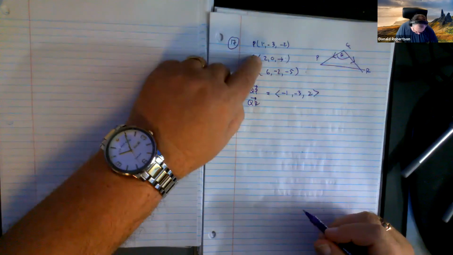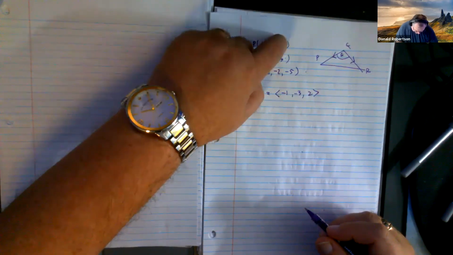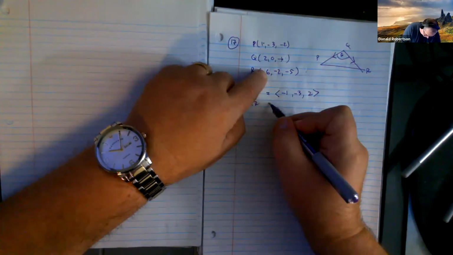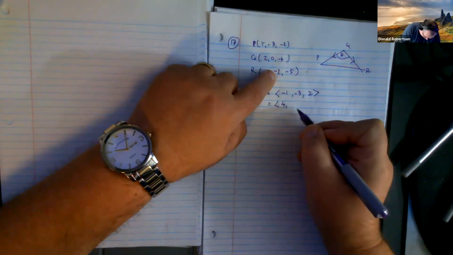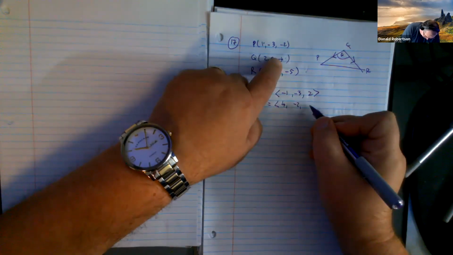So it was 1 take away 2, -3 take away 0, and -2 take away -4. Now QR is going to be second take away the first, so 6 take away 2, -2 take away 0, and -5 take away -4 gives you 1.